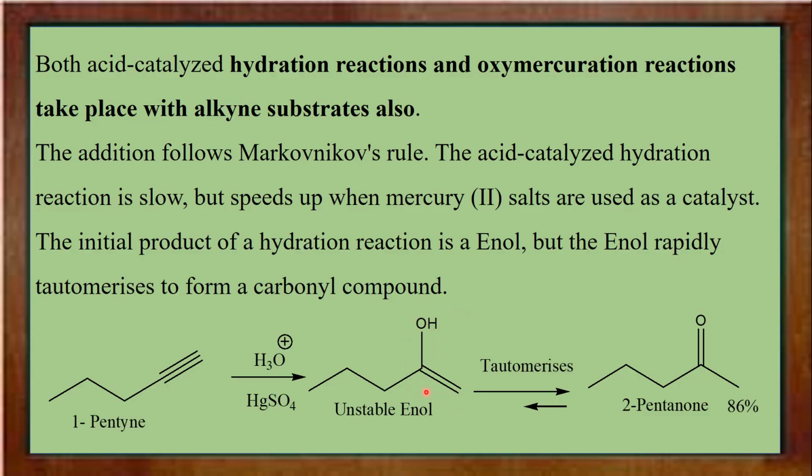So now you can see with the less substituted carbon, hydrogen has been added. With the more substituted carbon, OH has been added, and the product is enol. Enols are unstable, so the enol tautomerizes to a stable ketone or any carbonyl compound like aldehyde. In this reaction, it is ketone.